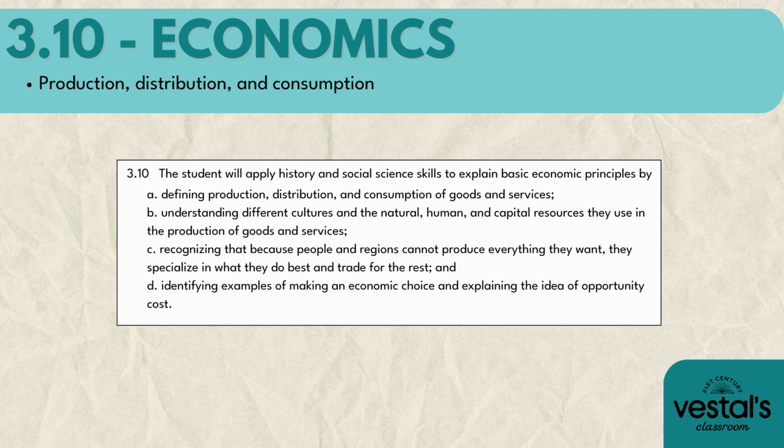The only difference is, once again, the organization, where instead of economics being spread across 3 SOLs, it's now just in 1 SOL. The only real difference that I noticed here was students are now describing production, distribution, and consumption of goods and services, but otherwise everything else looks the same here.